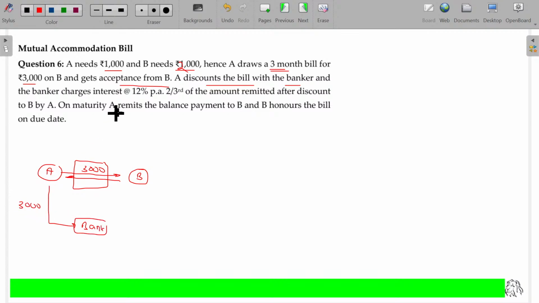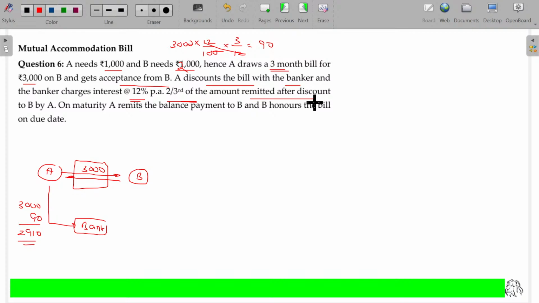The bank charges interest at the rate of 12% per annum. So for 3000, at 12% for 3 months, it is 90 rupees. Subtract the 90, and 2910 will be the final value.